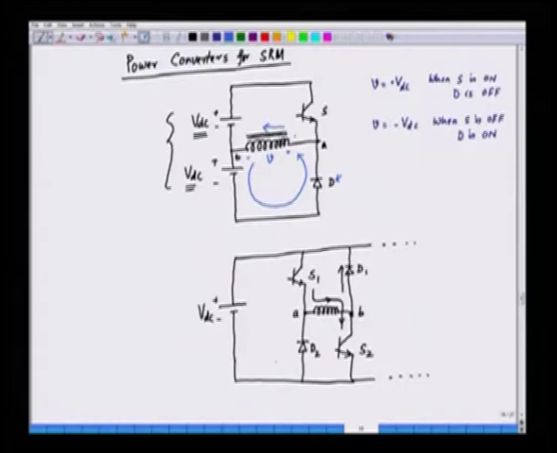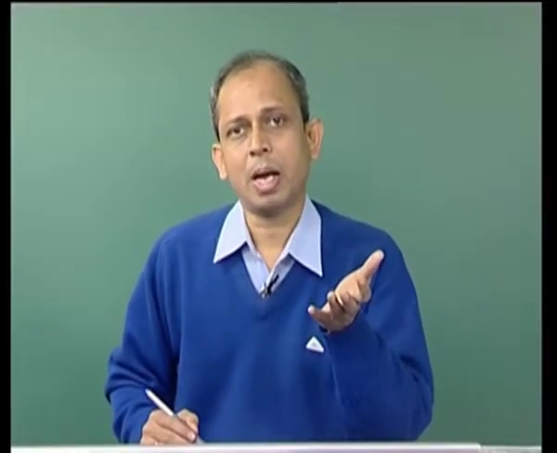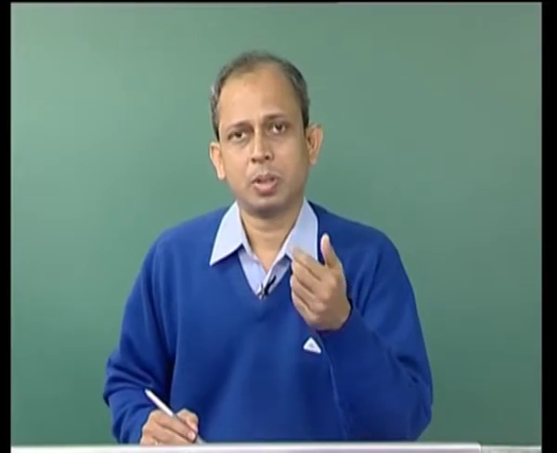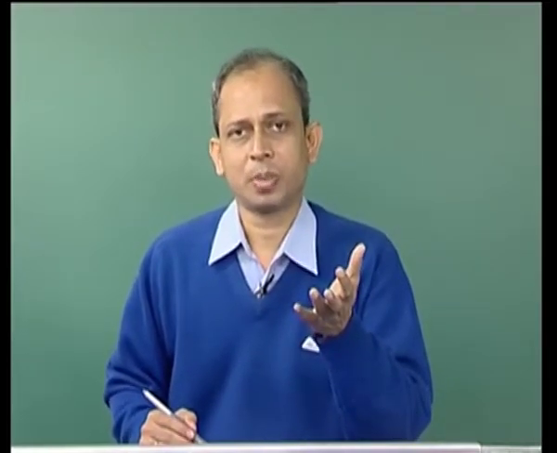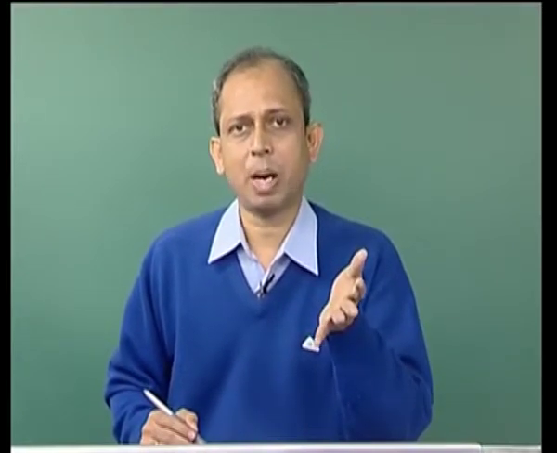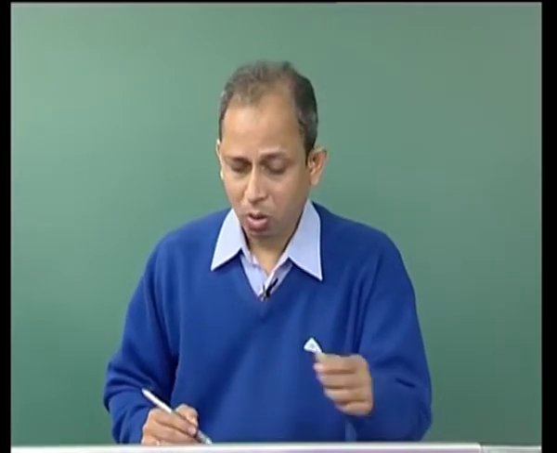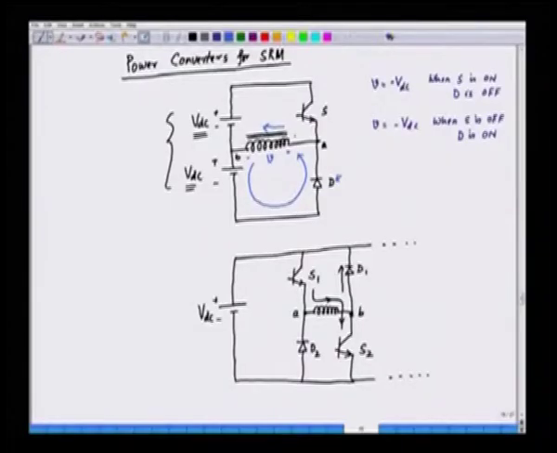The earlier path is not present because the switch is off, and the phase being inductance, the current has to be maintained. So, this current finds an alternative path through the diode, and the diode turns on. And when the diode turns on, we can see that positive is applied to B and negative to A, which means V becomes minus VDC.